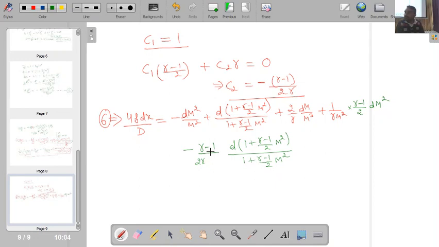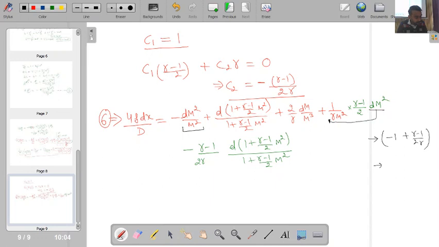Is it fine? Now if you see this first term, dm square by m square, here also I am having dm square by m square. Okay. So in both the terms, if I take dm square by m square common, the coefficient I will get is minus 1 plus (gamma minus 1) by 2 gamma. Okay.